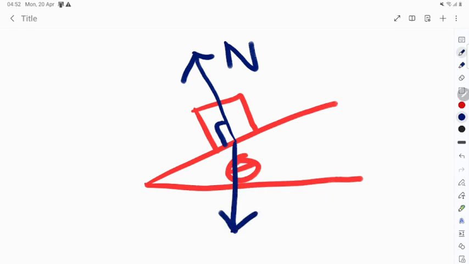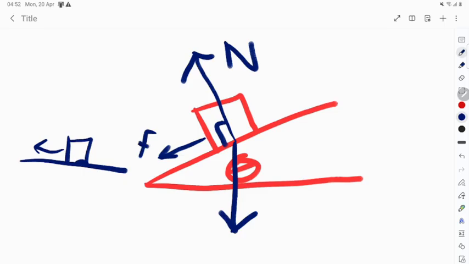Now remember, when on a flat surface, your friction is parallel to the surface. Even on an incline, the force of friction will also be parallel to your surface, depending on whether the block is going up or going down, because friction opposes the motion of an object, so it will go in the opposite direction to where the block is going.